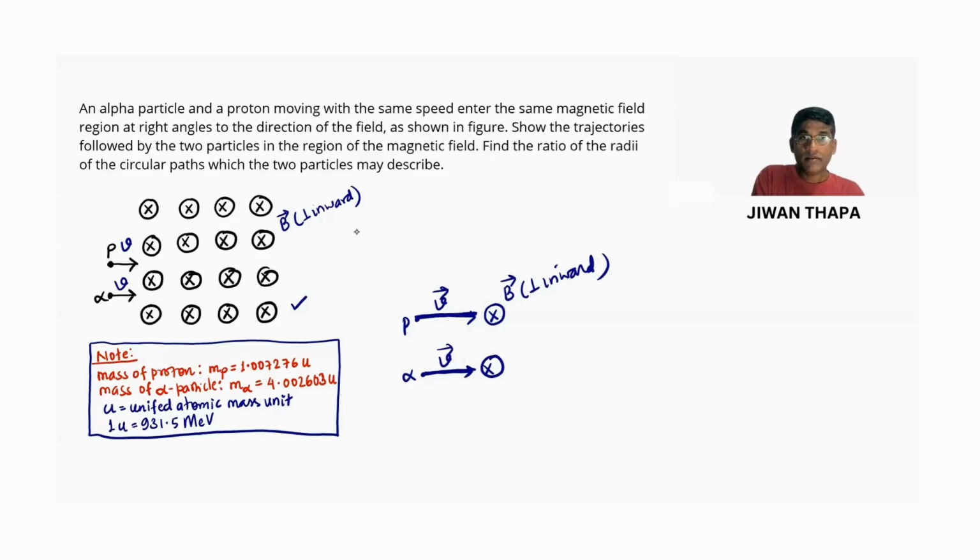So I'm writing over here, the angle between velocity and magnetic field is 90 degrees. So we need to understand this.